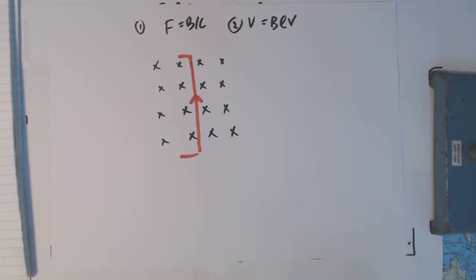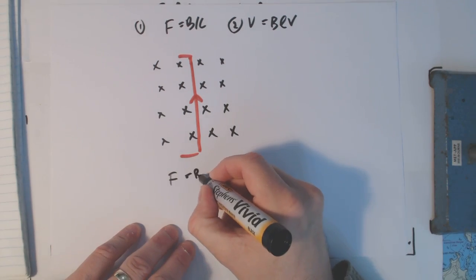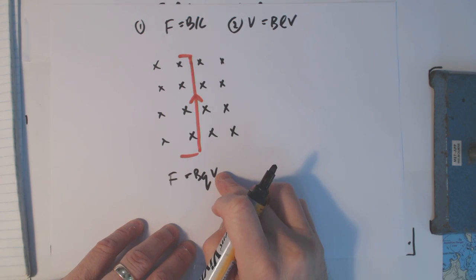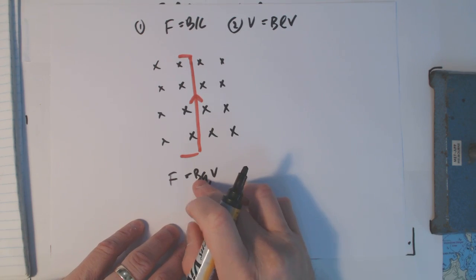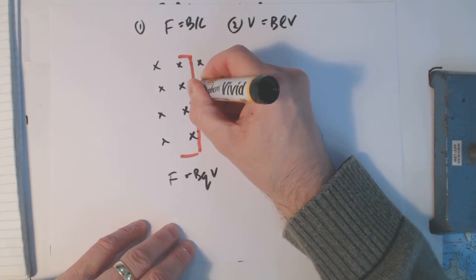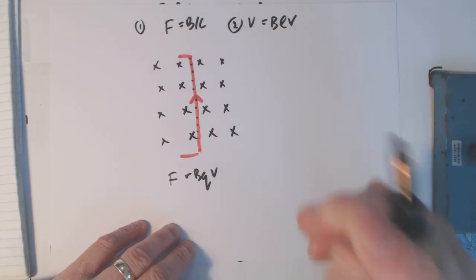Now we just learned in our previous video that F equals BQV, or we learned it last year. So that means if you've got the velocity of a charge moving in a magnetic field, it experiences a force. So we've got a whole bunch of charges in this wire, right?